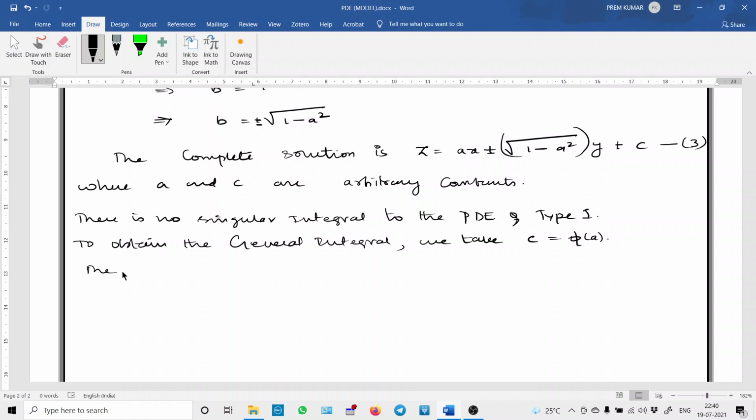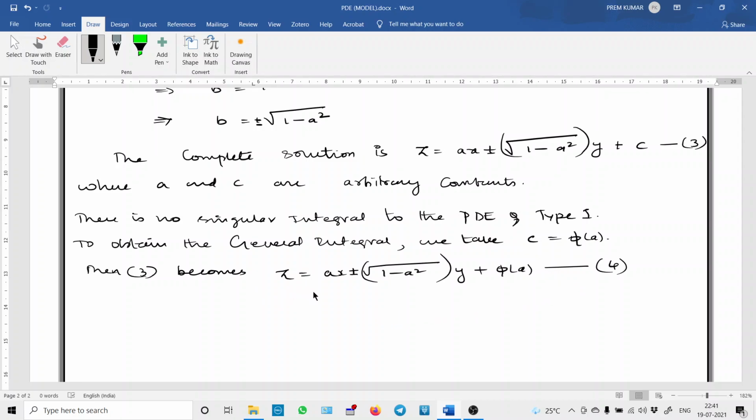Then equation 3 becomes z equals ax plus or minus square root of 1 minus a square into y plus phi of a. This is equation number 4, a one parameter family of curves, as only one parameter a is involved.